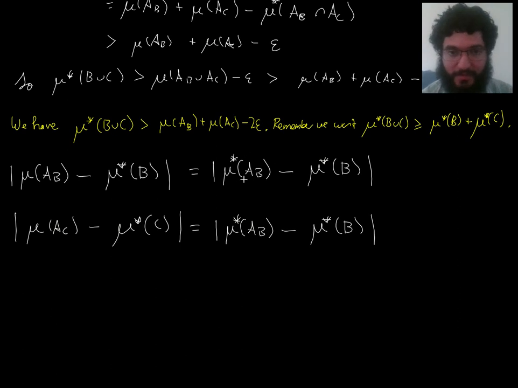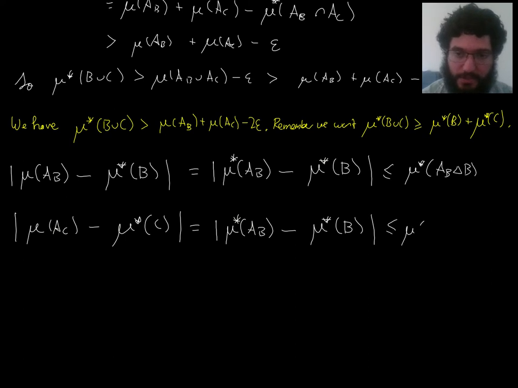Okay, and now when I'm measuring the difference between mu star AB and mu star B, that's going to be no more than mu star of the outer measure. So the outer measure controls or estimates, looks like I turned this into a C here, turned the C into a B, okay.